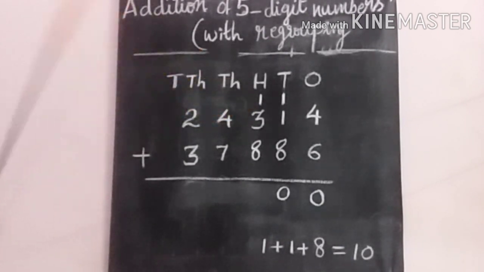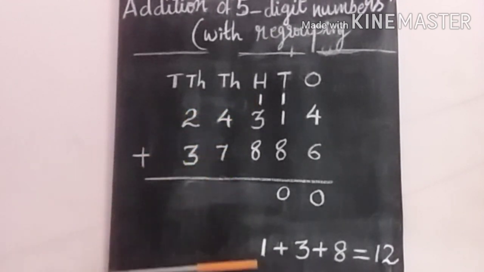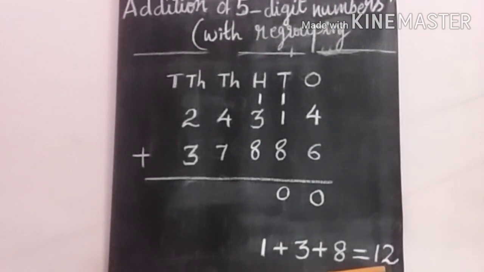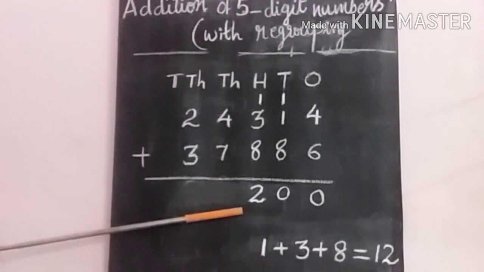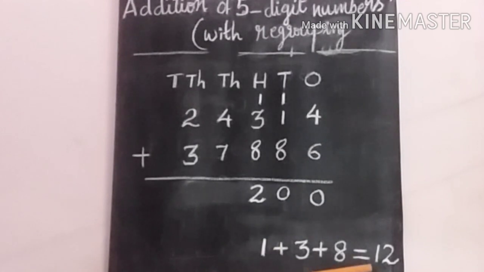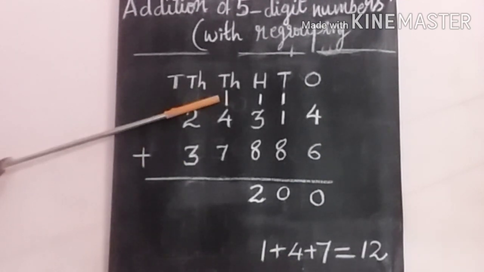Next add 100 place digits. That is 1 plus 3 plus 8. That is equal to 12. For 12, write 2 in 100 place and 1 as carry over to thousands place.